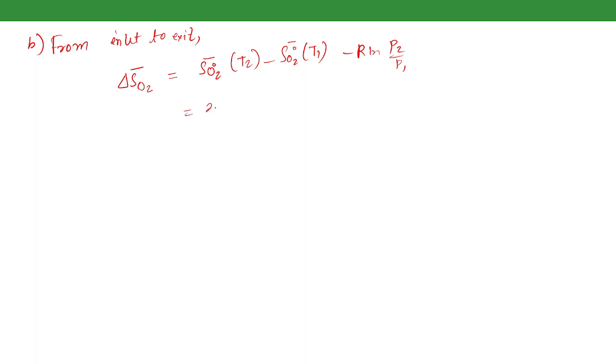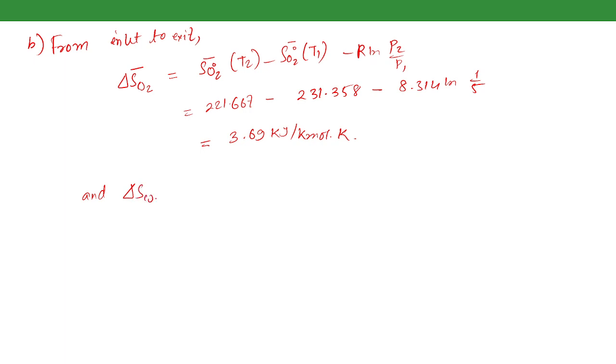So this is 221.667 minus 231.358 minus 8.314 ln of 1 by 5, and this comes out to be 3.69 kilojoule per kilomole Kelvin.